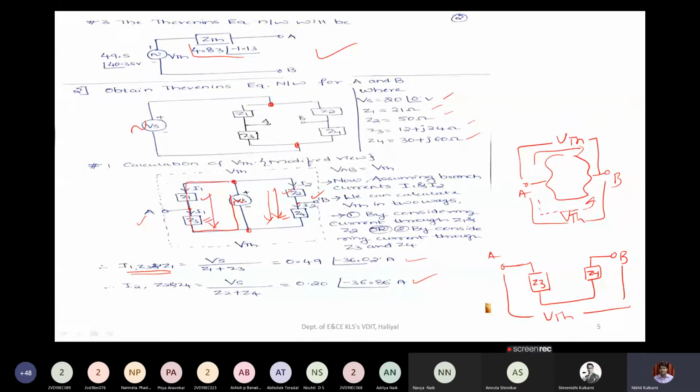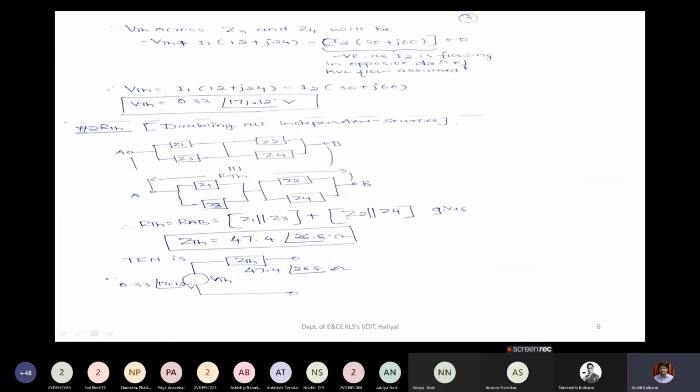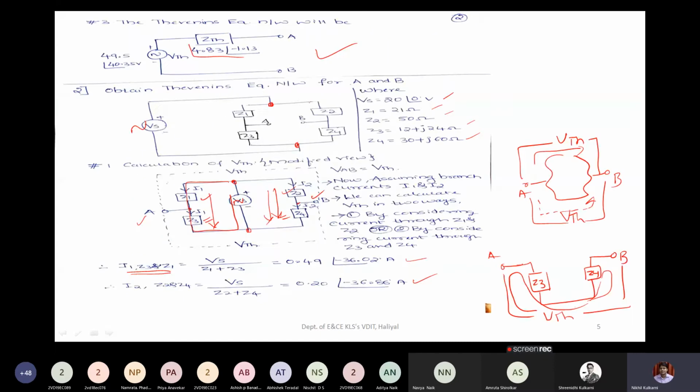So if I go clockwise or anti-clockwise, whatever way, I can apply KVL to this outer loop also to find the VTH. If you do that, what you will be getting is minus VTH plus I1 times 12 plus J24. So what is this I1 times 12 plus J24? 12 plus J24 is nothing but your Z3.